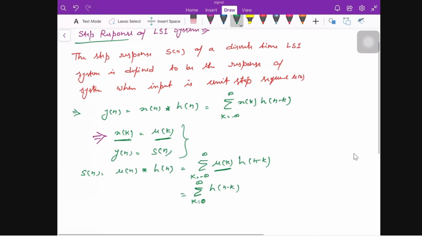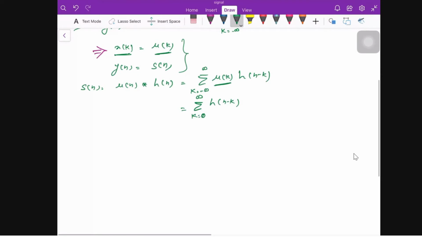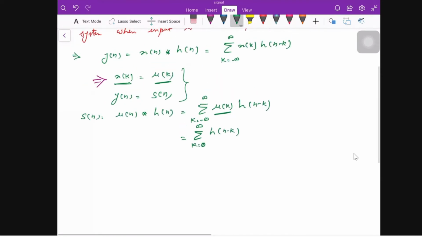Now, let this n minus k equal to m. Why am I saying this? Because we have to change the limit.